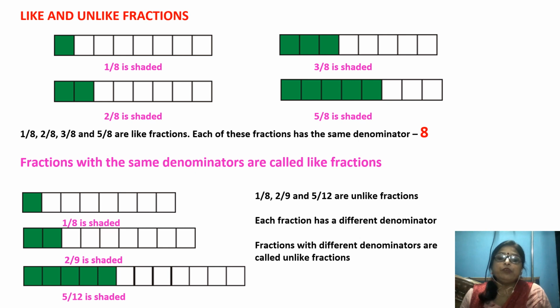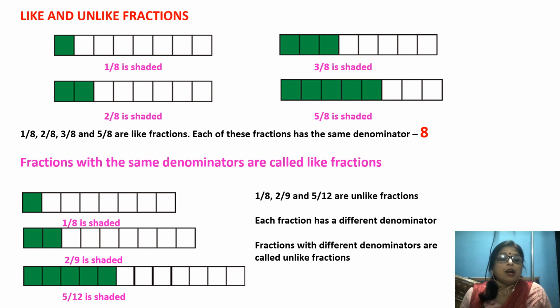And in the fourth figure, 5 out of 8 parts are shaded. So here we have 1 by 8, 2 by 8, 3 by 8, 5 by 8. They are all like fractions because they have the same denominator 8. So you can say that fractions in which the denominator is the same are called like fractions.